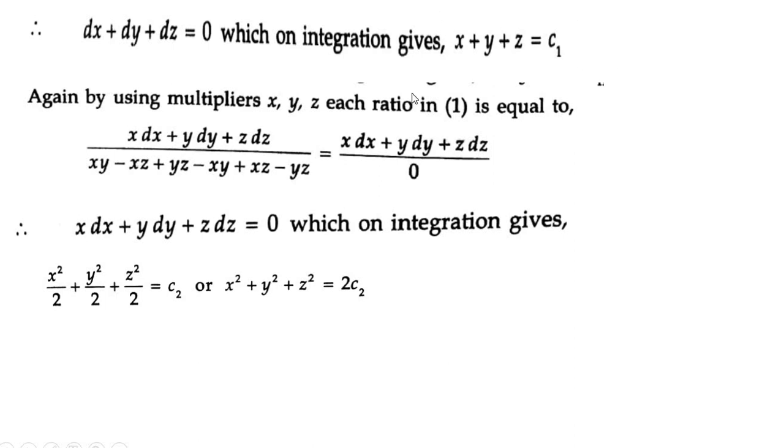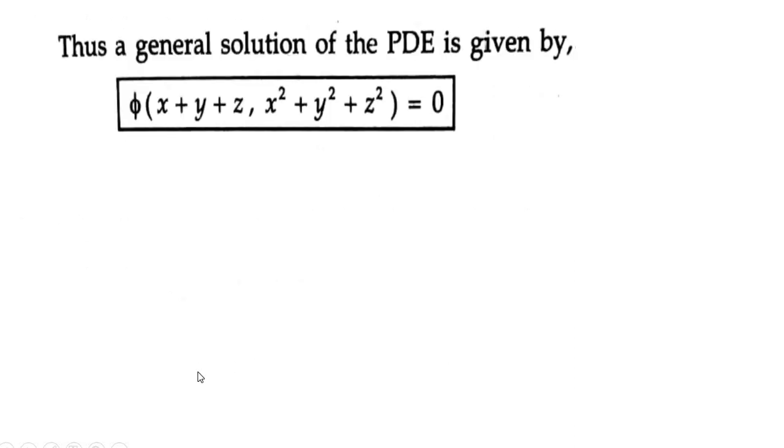So from the first multiplier you got x plus y plus z equal to c1, and from the second multiplier you have got x square plus y square plus z square equal to 2c2. Therefore, the general solution is phi of x plus y plus z comma x square plus y square plus z square equal to 0.